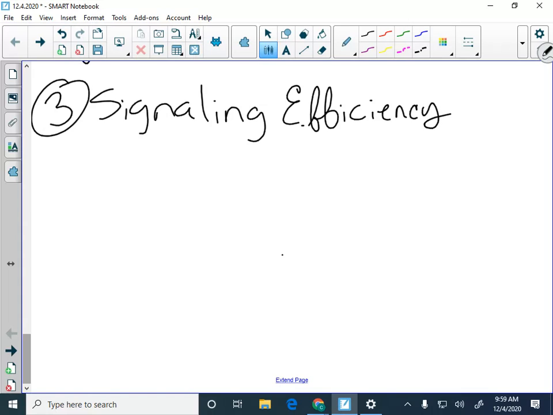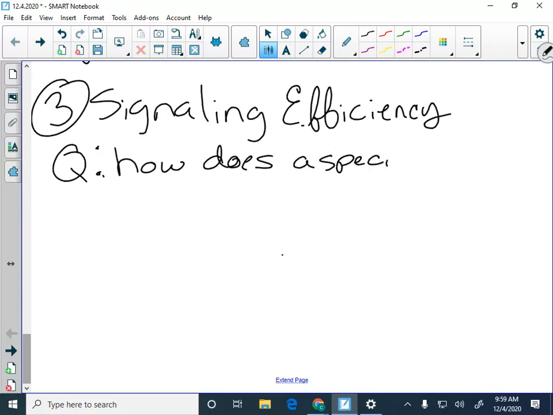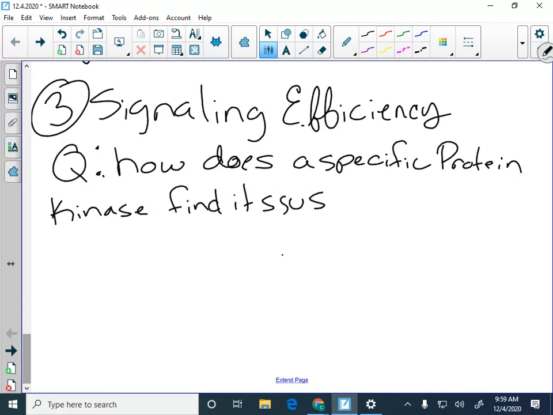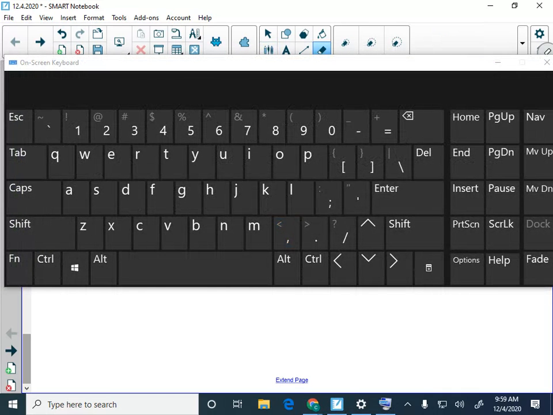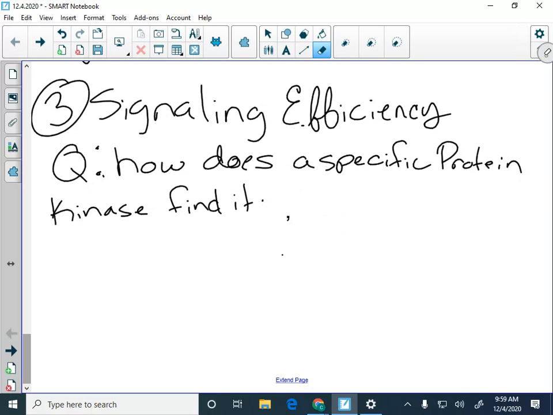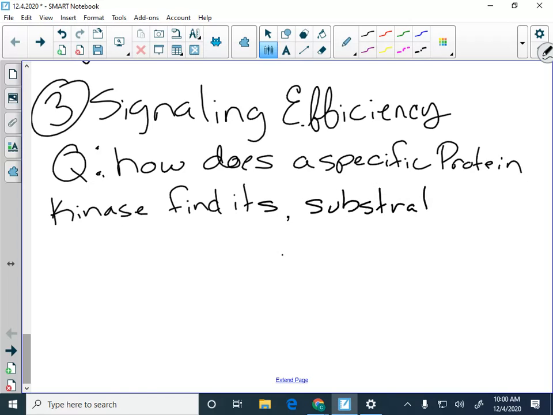So, how does a given protein kinase find its substrate? So we got a signaling molecule.